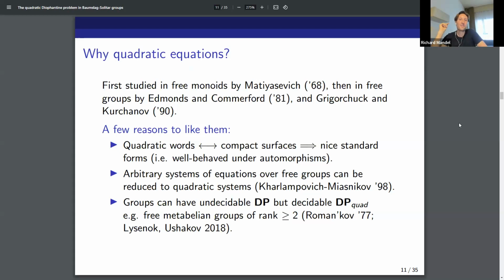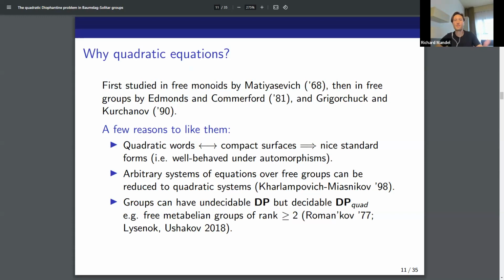Why are quadratic equations nice? It seems like a fairly artificial definition, but they've been studied extensively: first in the 60s by Matiyasevich over free groups, by Edmonds and Comerford in the 80s, and by Grigorchuk and Kurchanov in the 90s. In any group, we have a correspondence between quadratic words and compact surfaces.